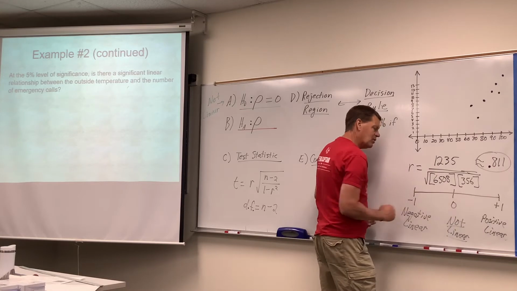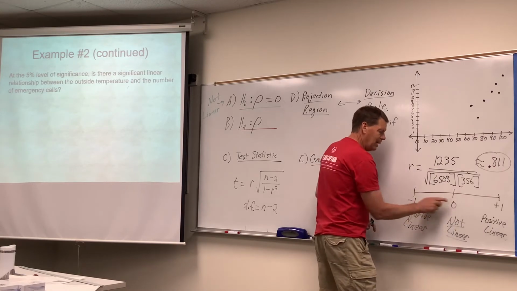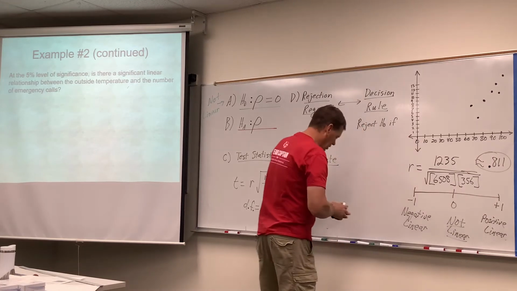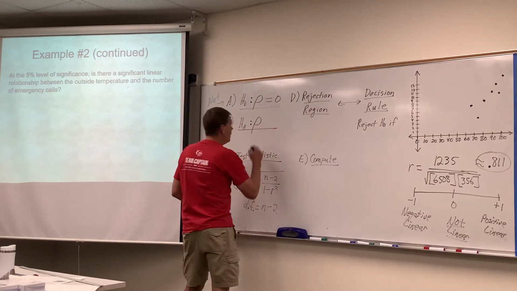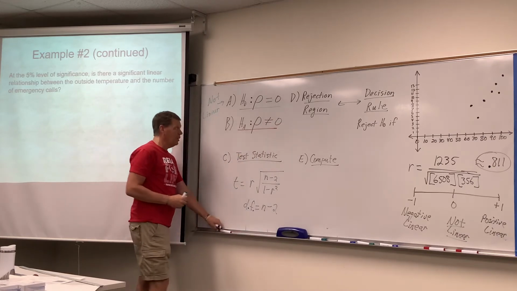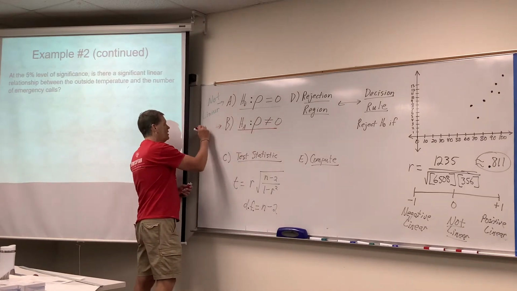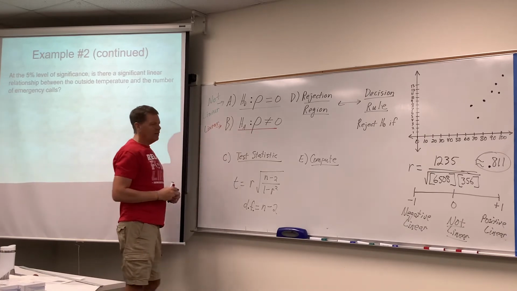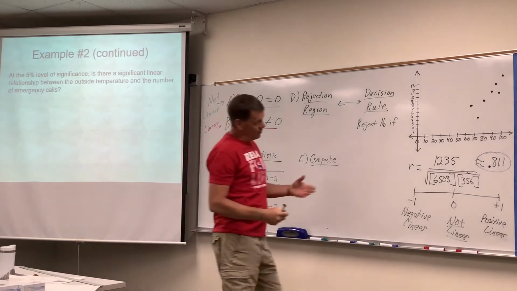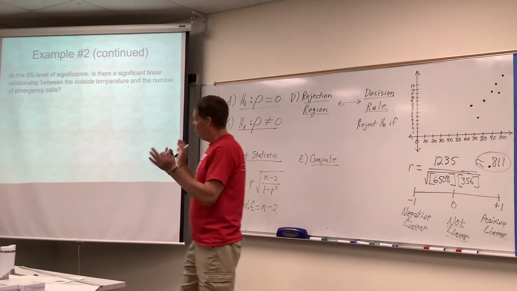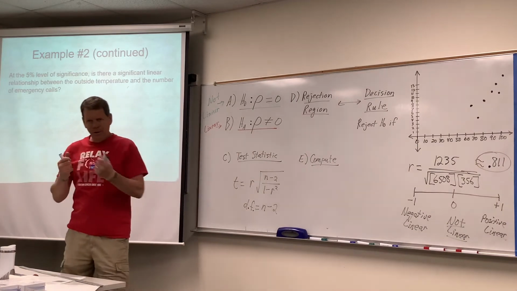Since this question didn't specify positive or negative, it just said linear relationship, so: not equal 0. That allows for both possibilities. Now look, the scatter plot suggests positive, but the question just said test to see if it's linear. Not equal 0.